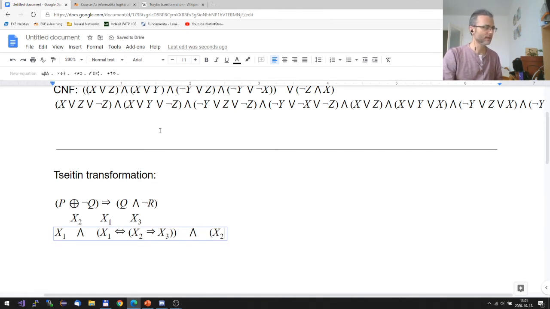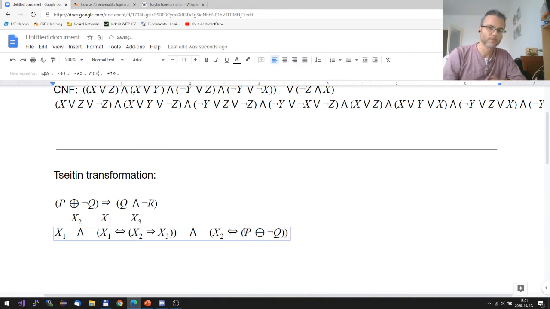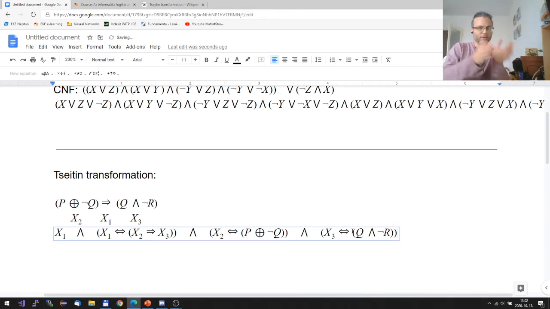So x2 is defined as this, right? x1 is defined as p XOR not q, and similarly I'm going to define x3. x3 is defined as this part of the formula. So basically we somehow split the formula into separate pieces.